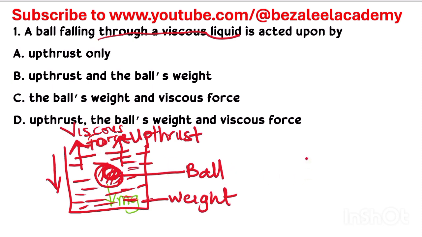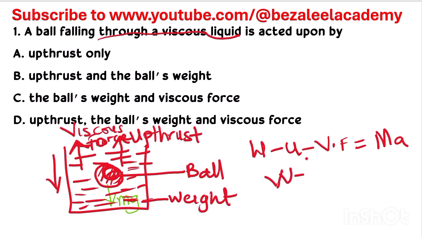So mathematically we can simply say weight minus upthrust minus viscous force equals ma if the object is actually accelerating. But if the object is not accelerating, we are going to have W minus U minus viscous force equals 0.